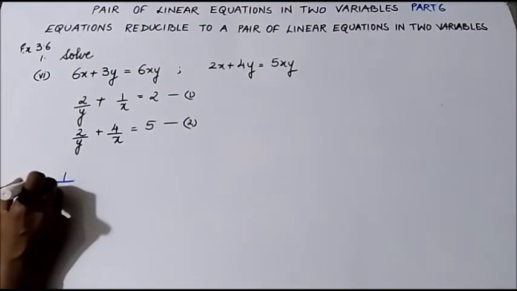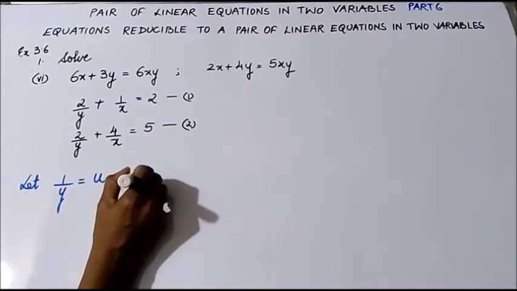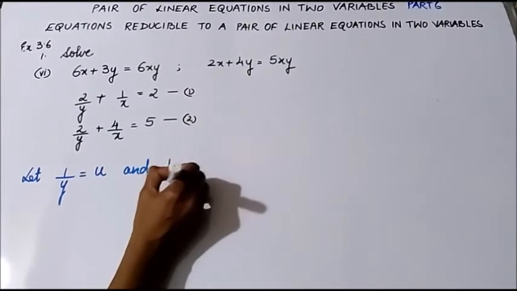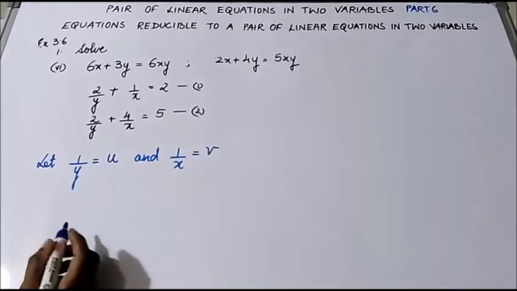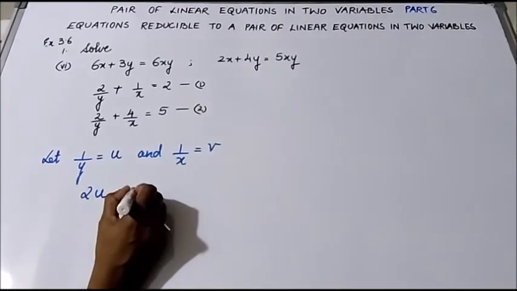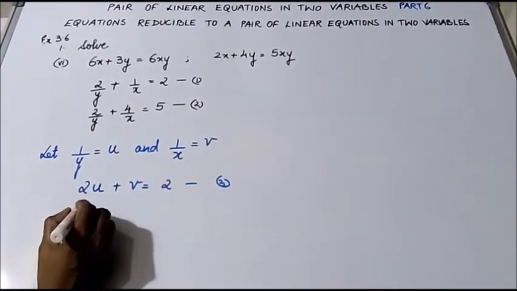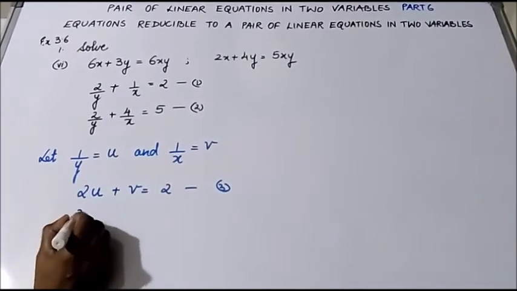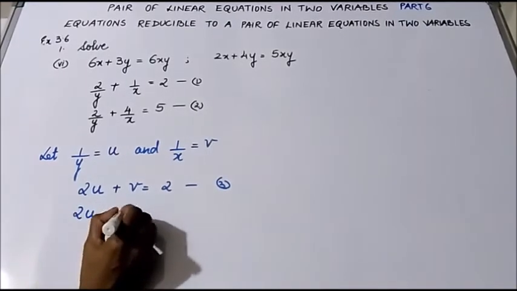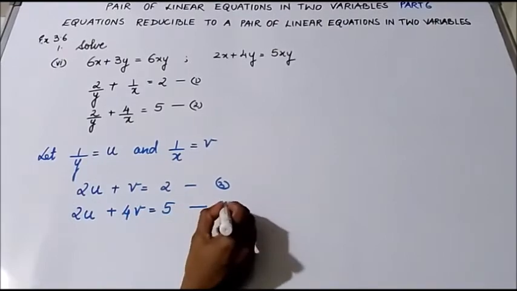Let 1 by y is equal to u and 1 by x equal to v. Now what we get? We get here 2u plus v is equal to 2. This is our third equation. Next equation will become 2u plus 4v is equal to 5. This is our fourth equation.